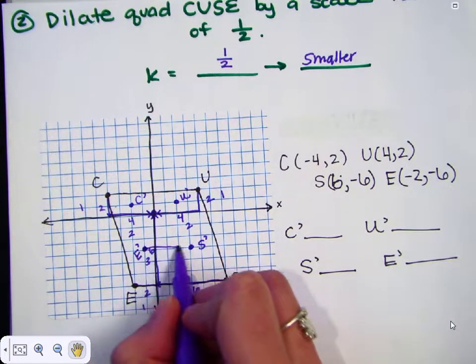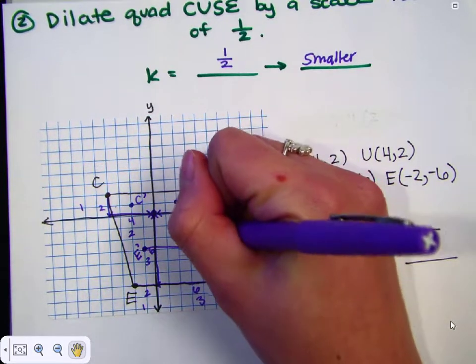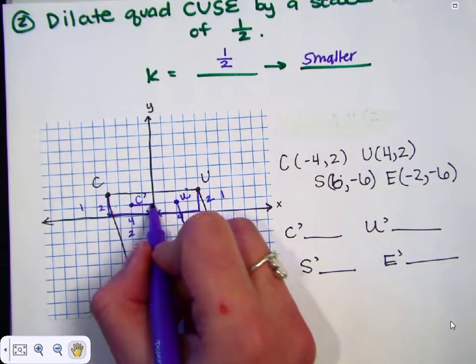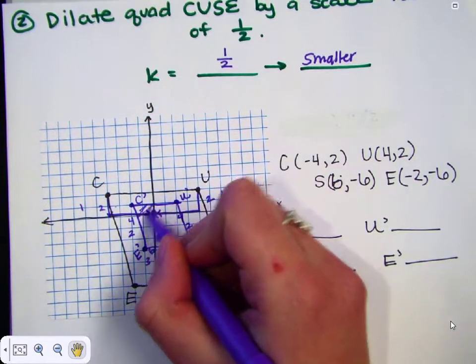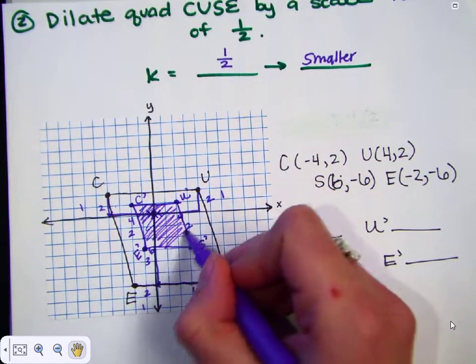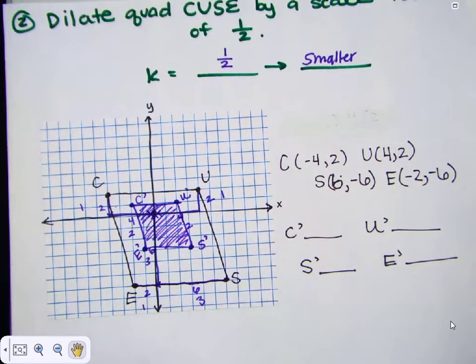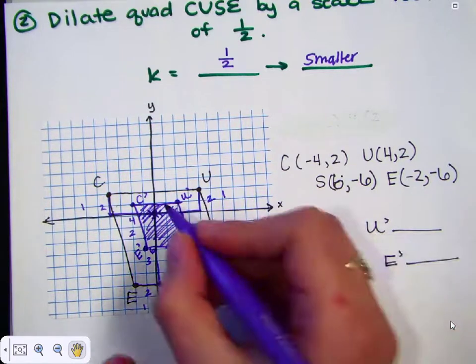So if you connect the dots, that was a bad line. I have a ruler. So if you see, this shape is indeed smaller than the one we started with. So we can go ahead and list those values.